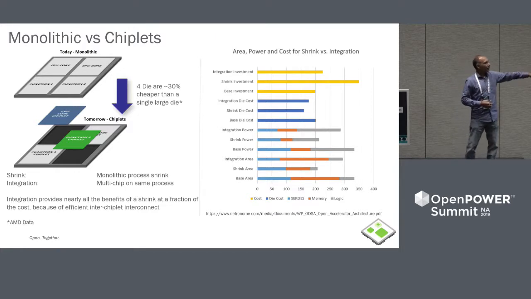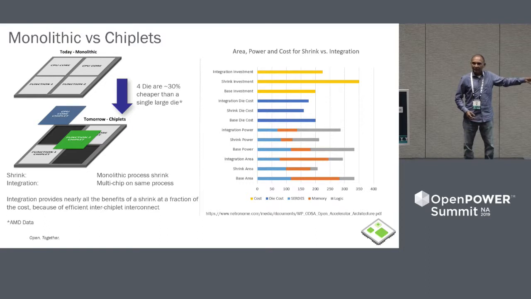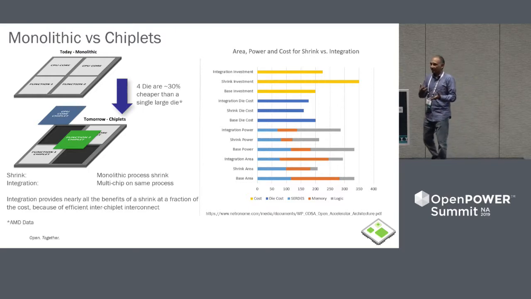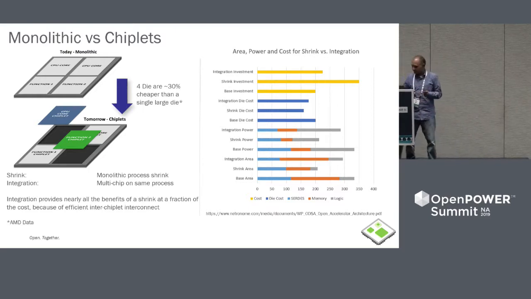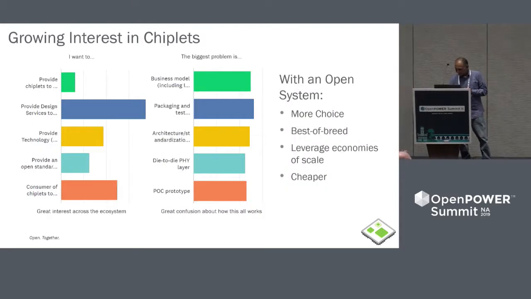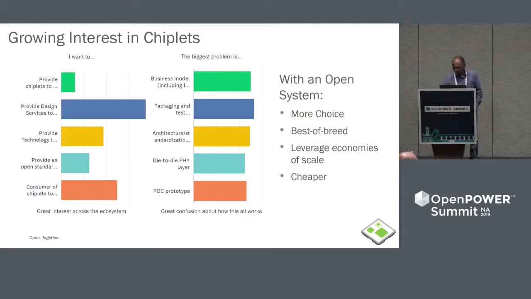And the basic point that the chart makes is that integration gets you a lot of the benefits of a process node shrink at a fraction of the cost. That's the basic idea: integration is a good alternative to a process shrink and far less expensive.